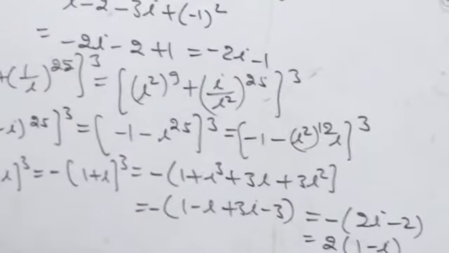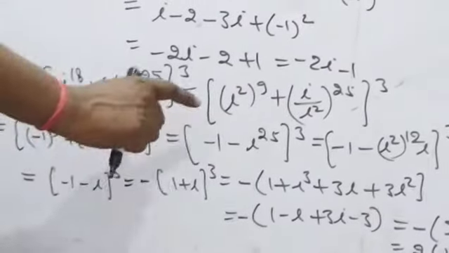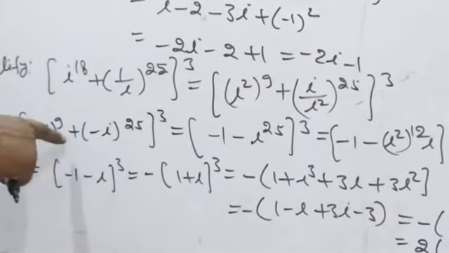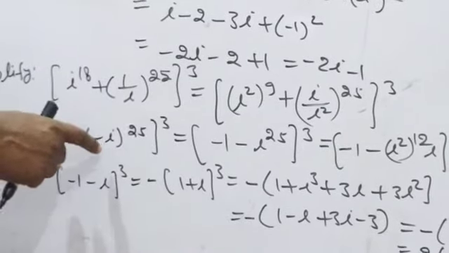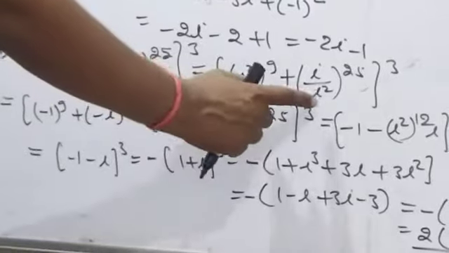Now we know that i square is equal to minus 1. So (minus 1) power 9 plus i by i square, here i square is equal to minus 1, then i upon minus 1 is minus i, power 25 and whole cube.